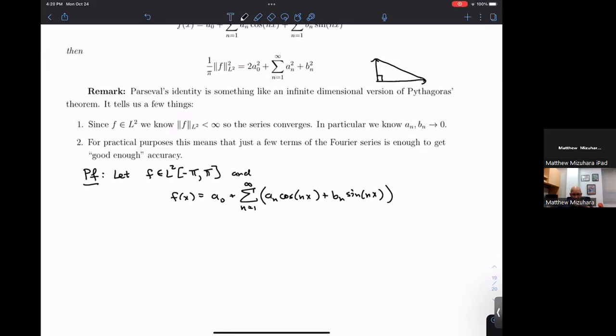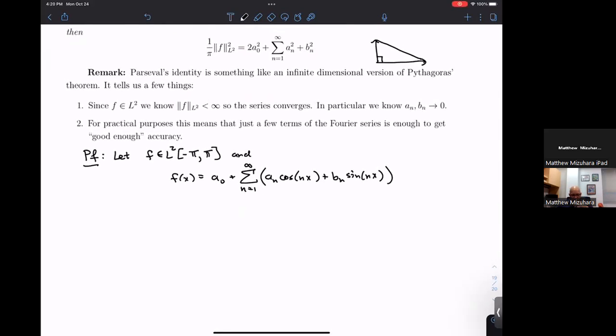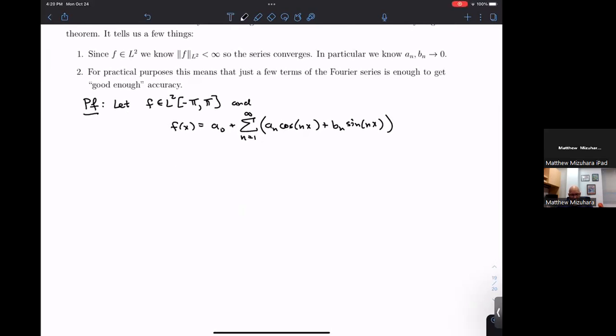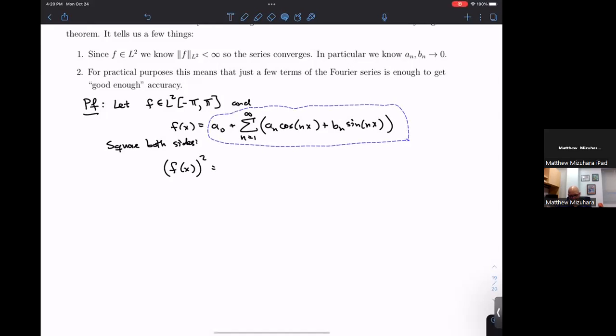And again, all these sines and cosines are being summed. So what do I want to do? On the left-hand side, I want to calculate the L2 norm squared. So what that means is I should square both sides. So squaring both sides, I should get f of x quantity squared equals, well, because I'm on the iPad, I can do some nifty little tricks like this.